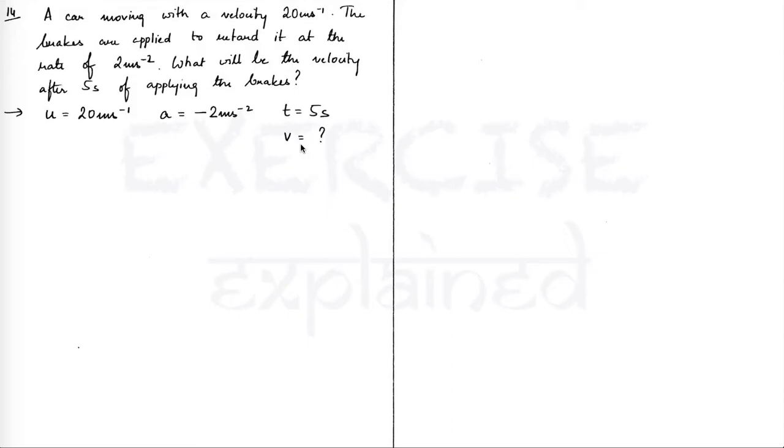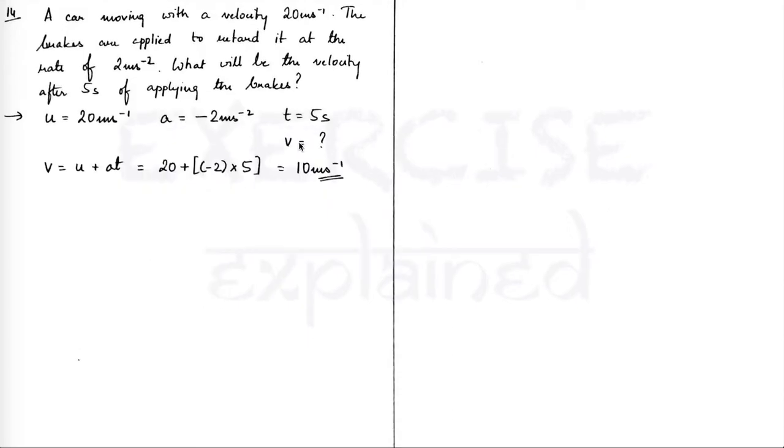We need to find the final velocity. So we can use straight away v is equal to u plus at. So u is 20 plus a is minus 2 into t is 5. So we get it as 10 meter per second. That means after 5 seconds of applying brake, the velocity which the car reaches is 10 meter per second.